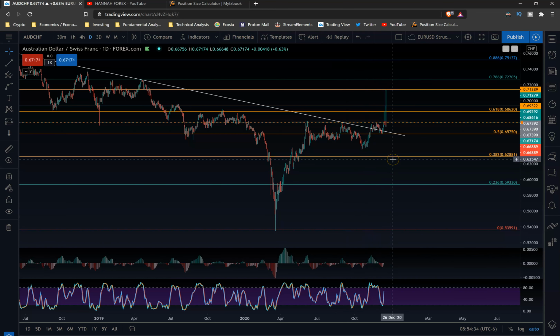So again, I'm expecting the breakout of this local resistance area right here. Again, I just discussed the 50 pips.